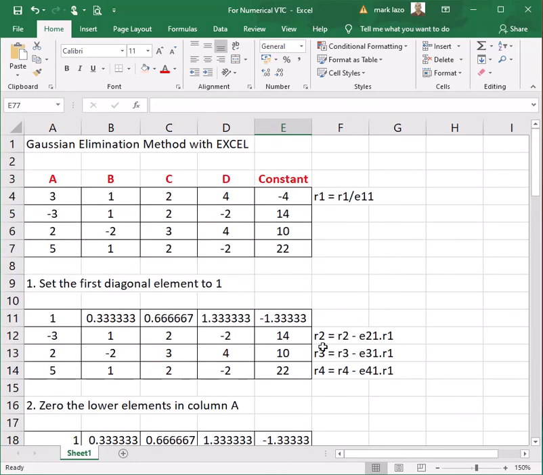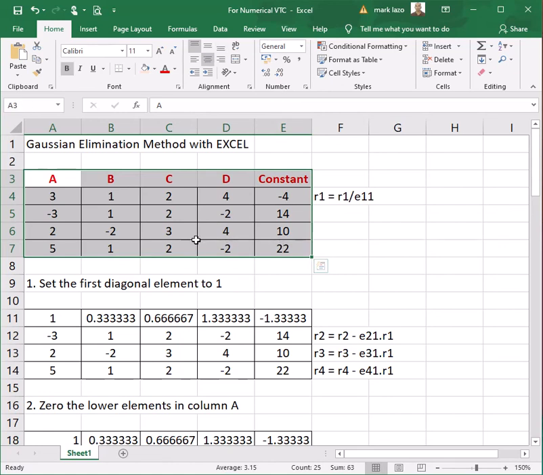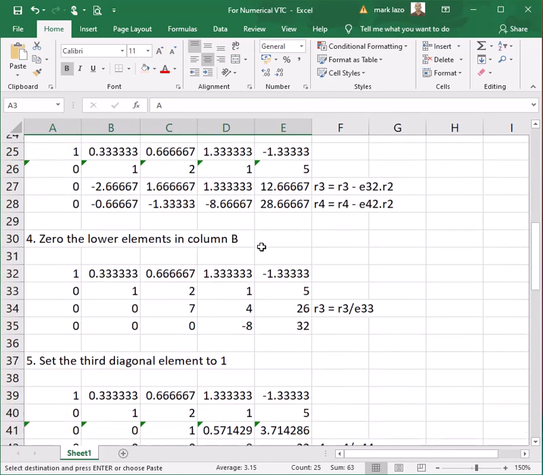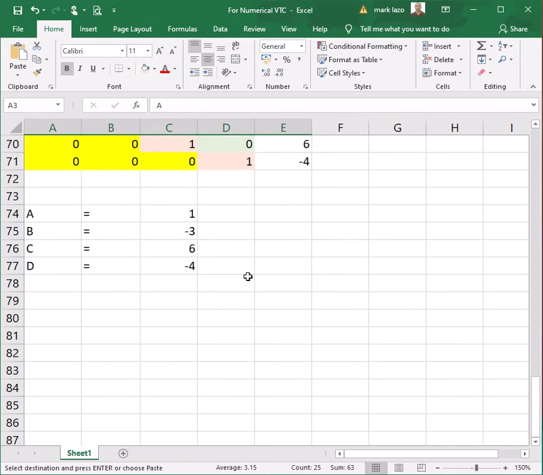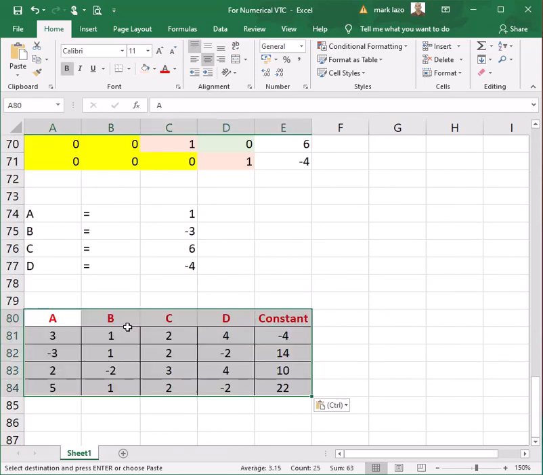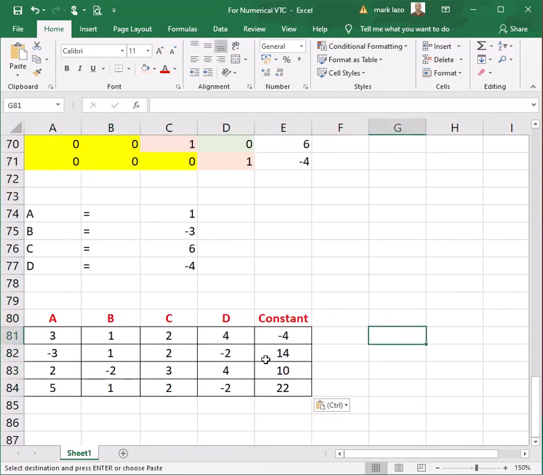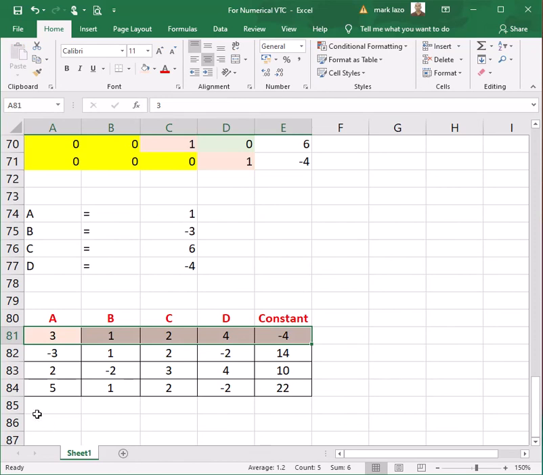So you may check if your answers are correct by substituting the values to any of our original equations. So let me copy this one first. This is our original equation. So from the equation, I'll be choosing this equation to check if my answer is correct.